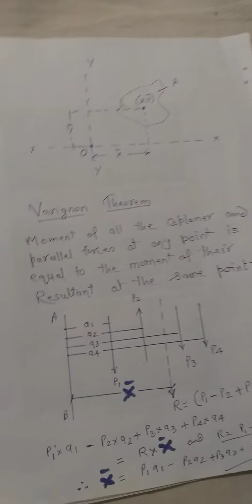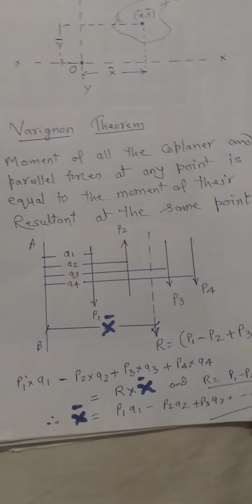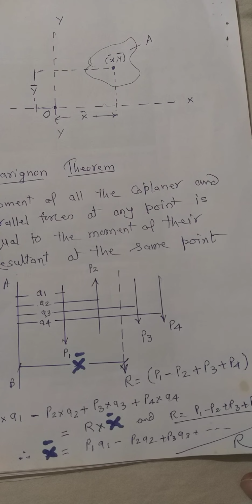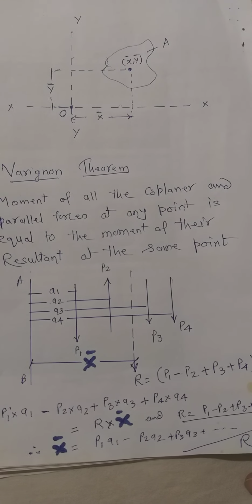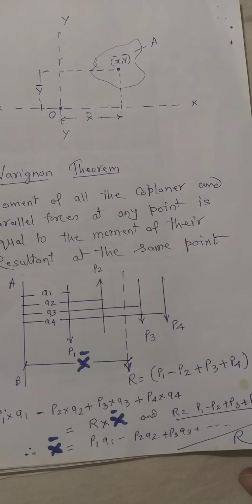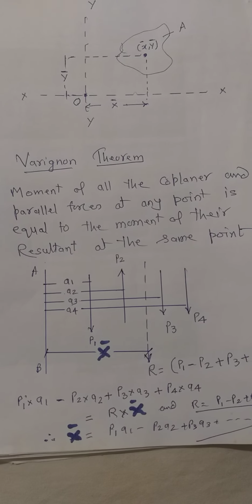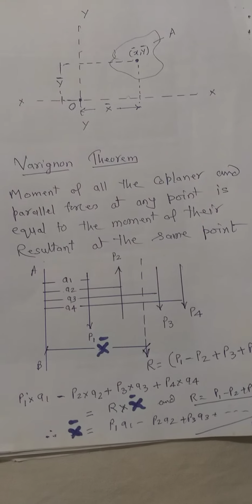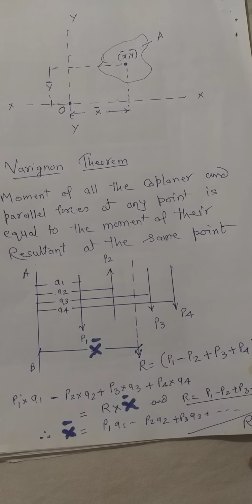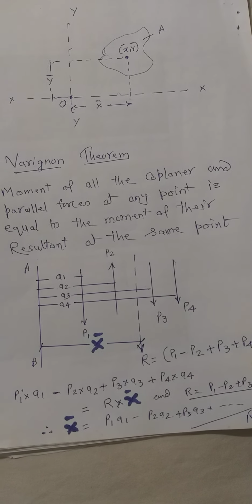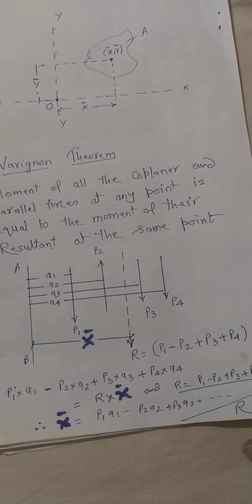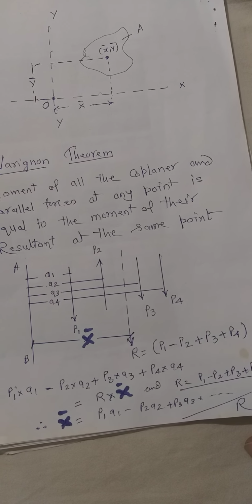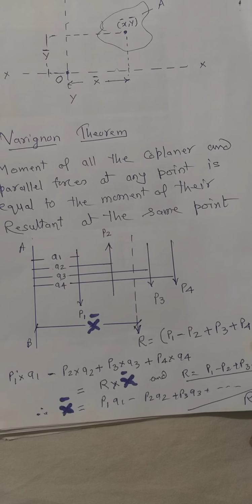We can define this by drawing this figure over here. Suppose P1, P2, P3 and P4 are the four forces acting at distances A1, A2, A3 and A4 from any line AB. Then the moment of force P1 is P1 into A1, P2 is P2 into A2, P3 is P3 into A3 and P4 is nothing but P4 into A4.